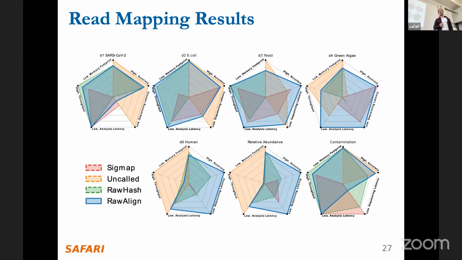So I would actually say, although it does well with really high throughput over there, because it's so extreme in the metric that it satisfies well, and so extremely bad in the metrics that it doesn't satisfy, Uncalled here would almost be a bit of a useless tool in that data set. In contrast, RawAlign has, let's say, the key metrics covered over there. By the way, throughput looks bad over there, but it only looks bad compared to Uncalled, which has insanely high throughput while doing nothing. Right.